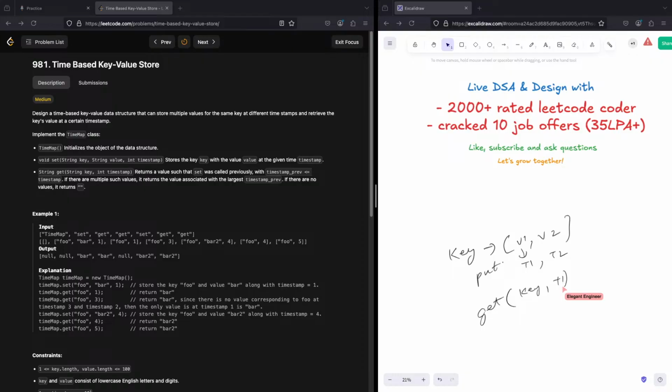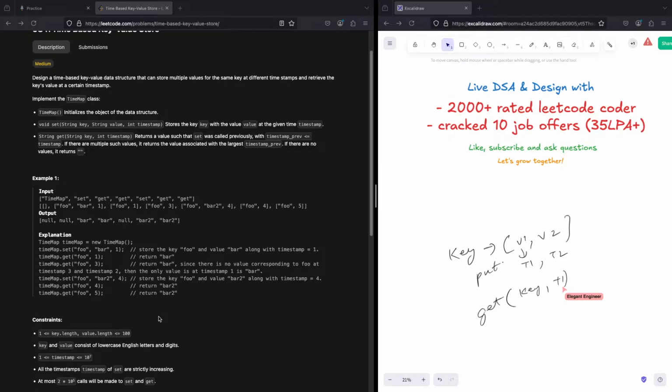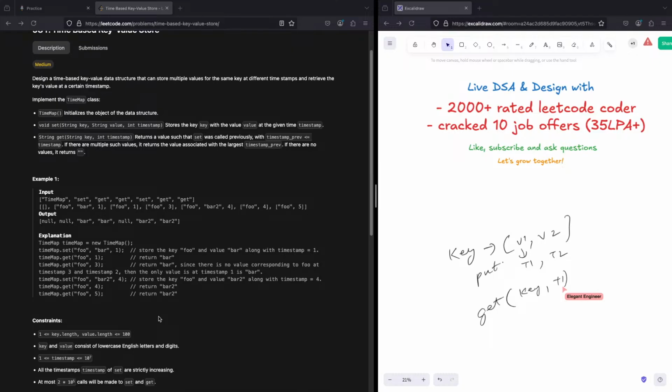Okay, is there any guarantee that timestamps are strictly increasing? So basically, you have to do it for each value.